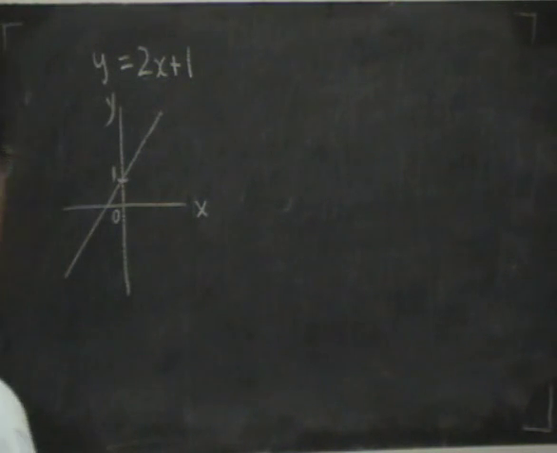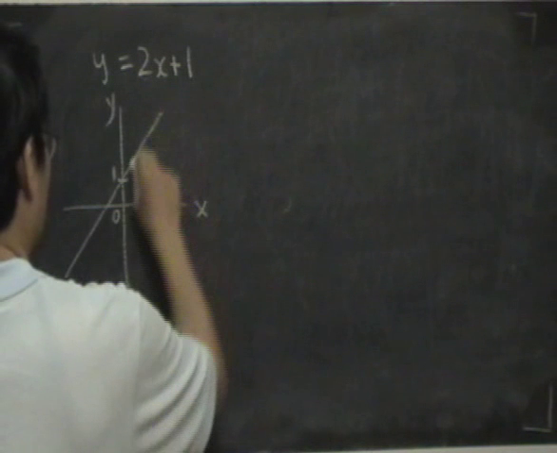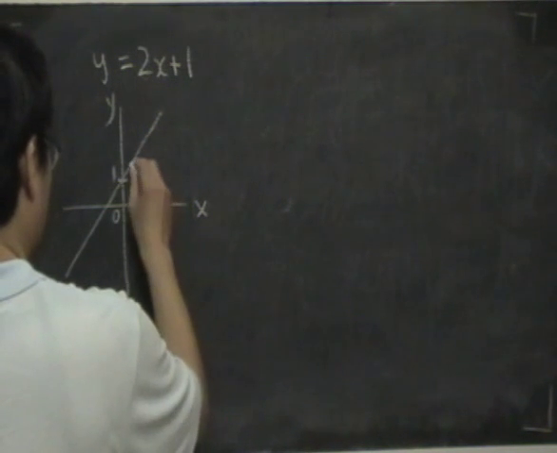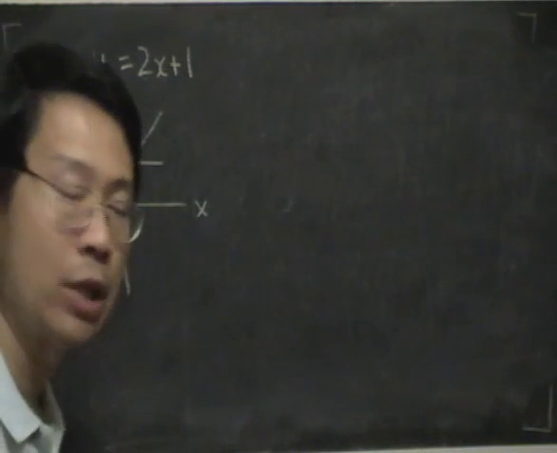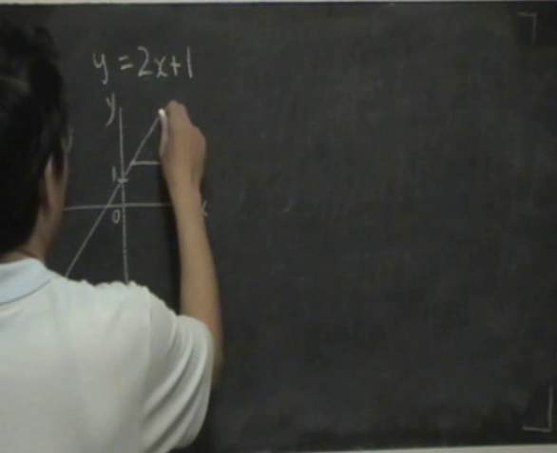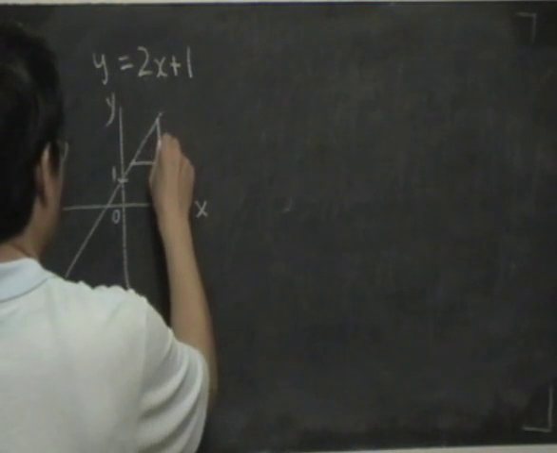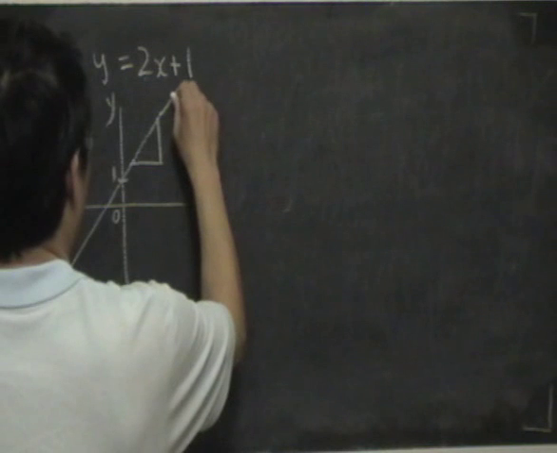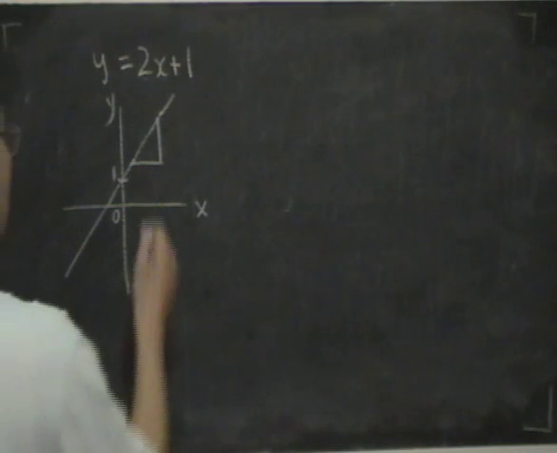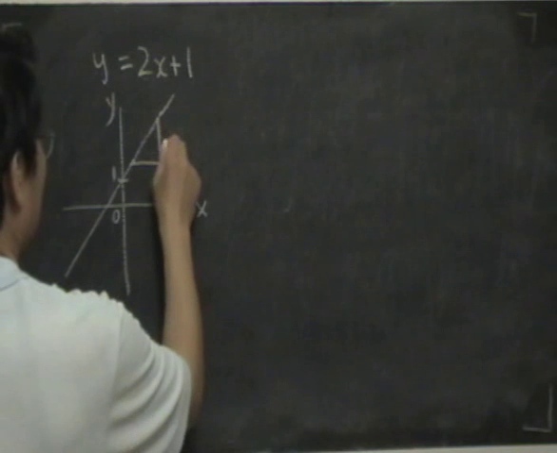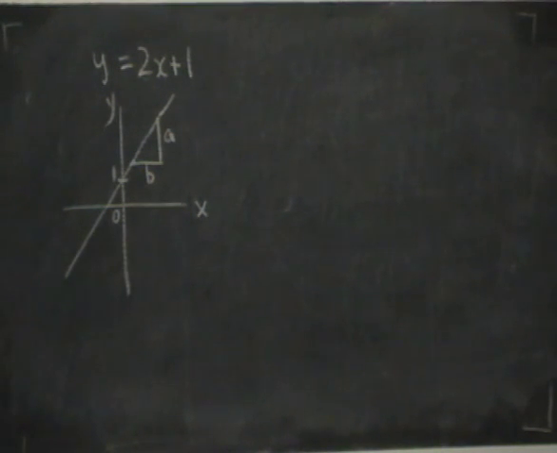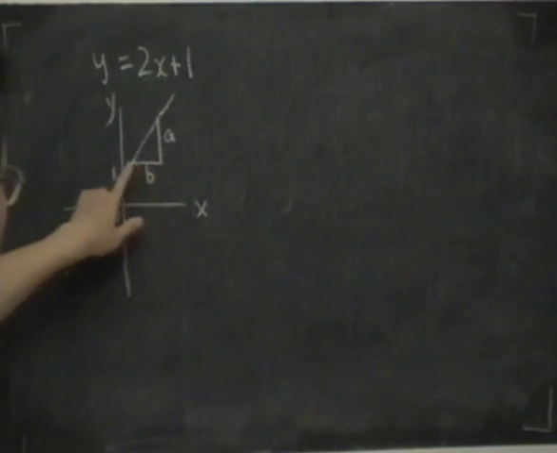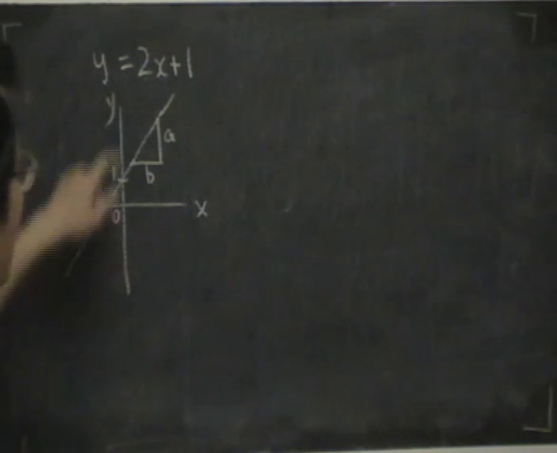And the gradient means that if I go to any point in the graph, draw a horizontal line, and draw a vertical line down to it, then if the lengths of these lines are A and B, I can find the gradient by taking the vertical over the horizontal, and I will get 2.